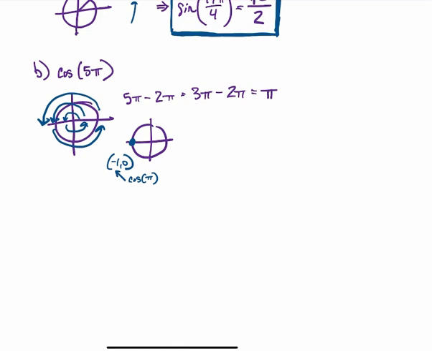And since these are coterminal, I can say 5 pi is coterminal with pi. So they're going to share trigonometric values. So the cosine of 5 pi is going to be equal to the cosine of pi, which is -1.